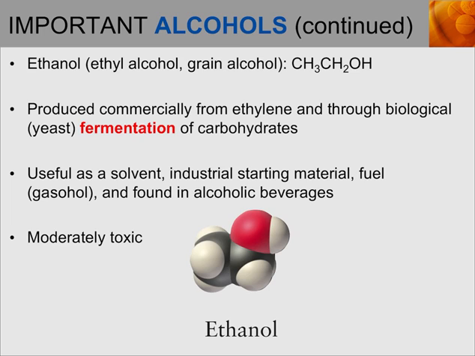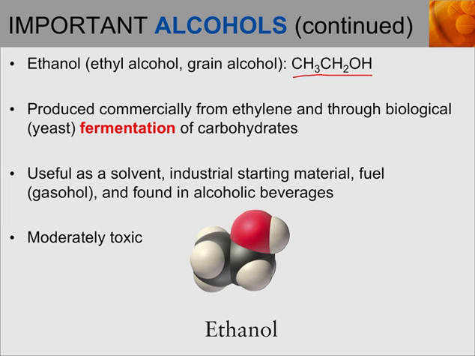Now, ethanol is what's actually in alcoholic beverages. And of course, again, if you ingest too much of this, it can have negative consequences. But this is also a pretty simple molecule, has 2 carbons, 6 hydrogens, and 1 oxygen. And ethanol can be distilled from different sources.